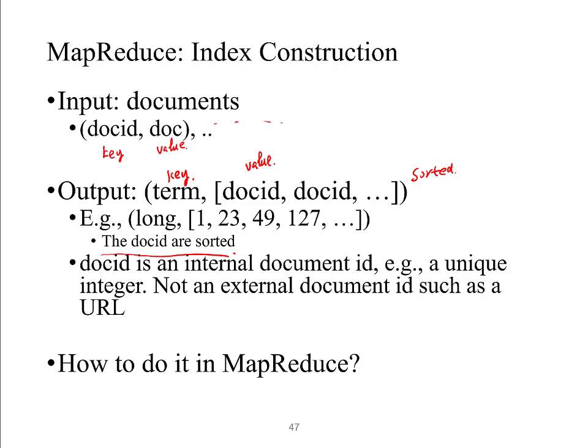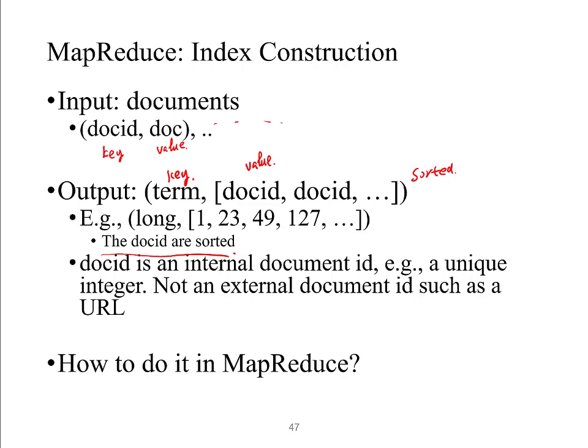They're sorted. The document ID is an internal document ID, so it's just a unique integer. It's not an external document ID such as a URL or whatever. The whole purpose of having this is for the sorting and also for MapReduce.